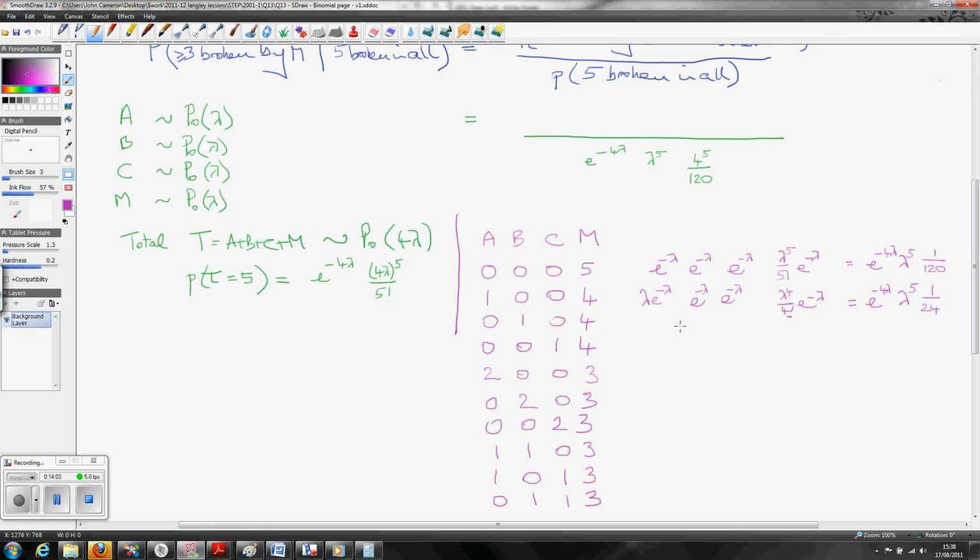Now, things get a little easier because the probability of the next one is the same, because the probability that A breaks 1 and B0 and C0 and M4 is the same as A0 and B1 and C0 and M4. It's the same, and this one's the same as well.